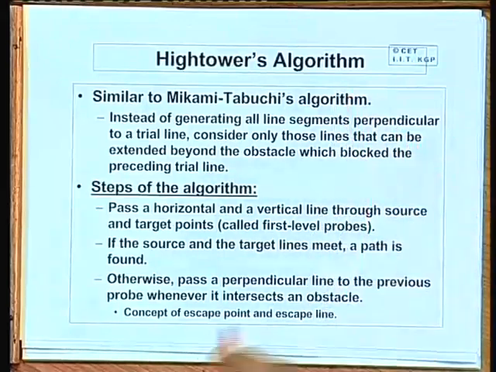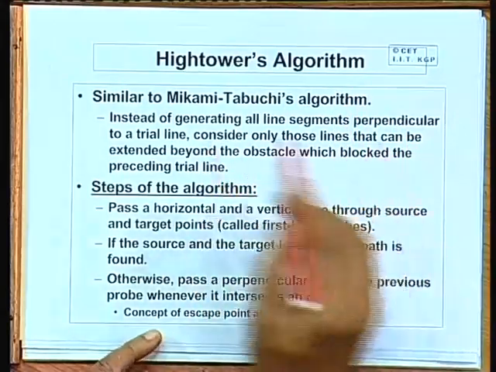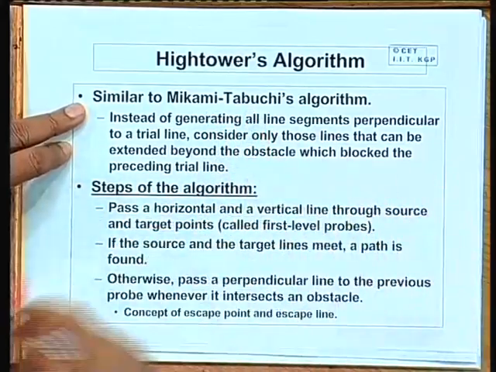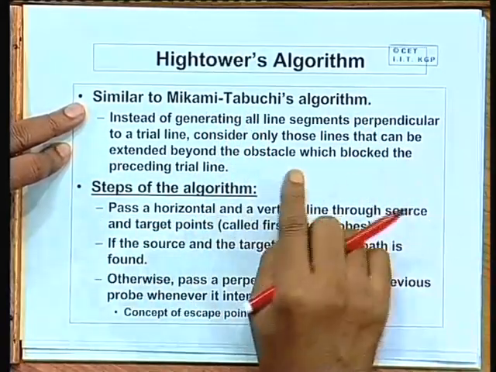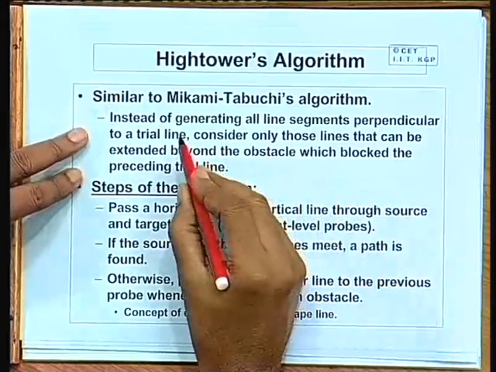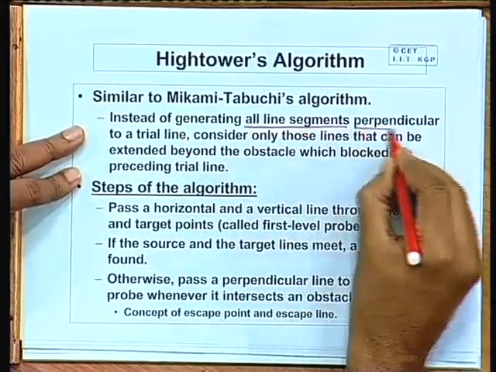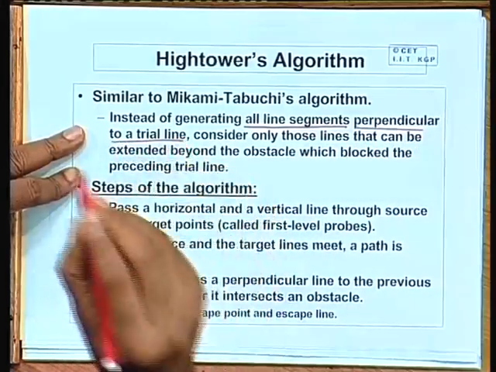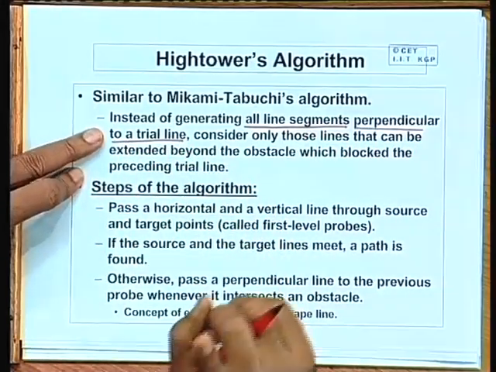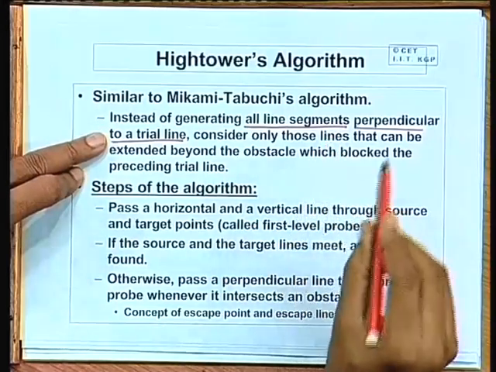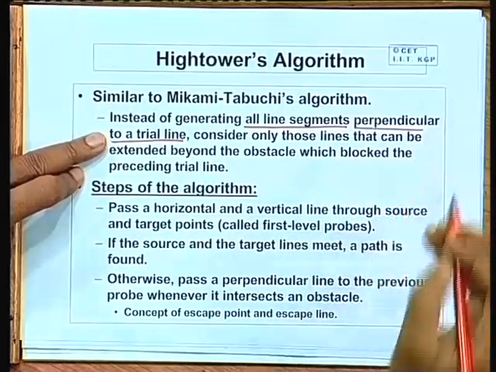Okay, so in case of Hightower's algorithm, as I told you, this is similar in concept to Mikami-Tabuchi in the sense that here also you are throwing lines along horizontal and vertical directions, but you are not generating all line segments perpendicular to a trial line with respect to the grid positions, but rather we are only generating a few of the interesting lines.